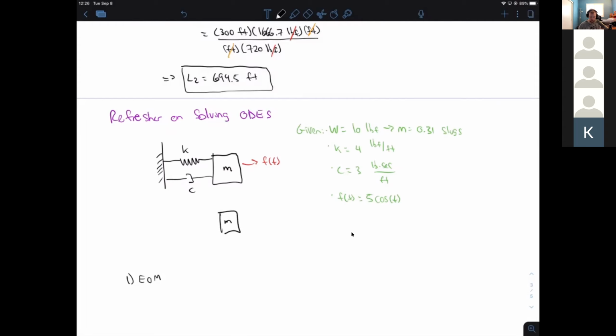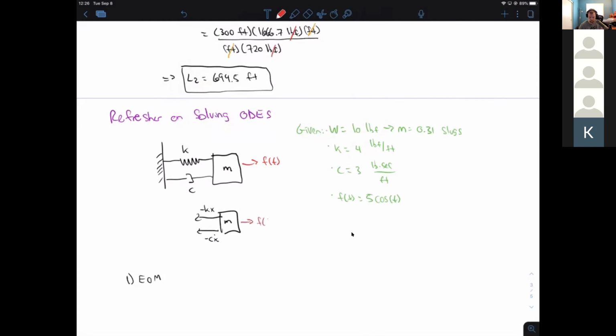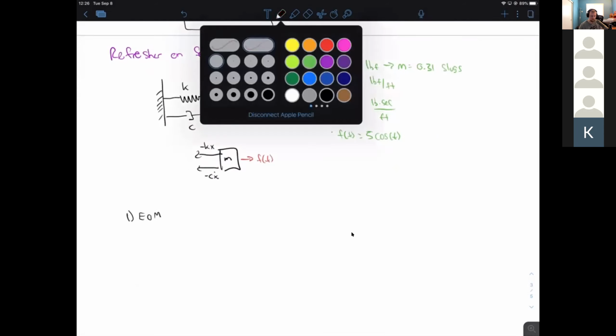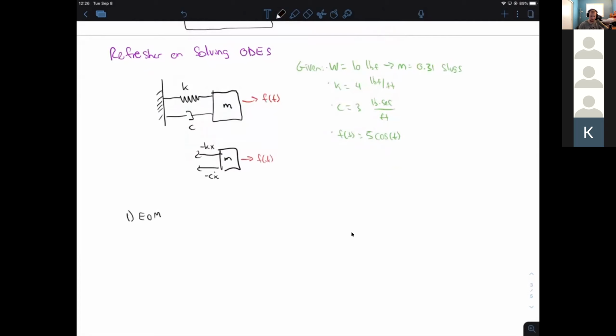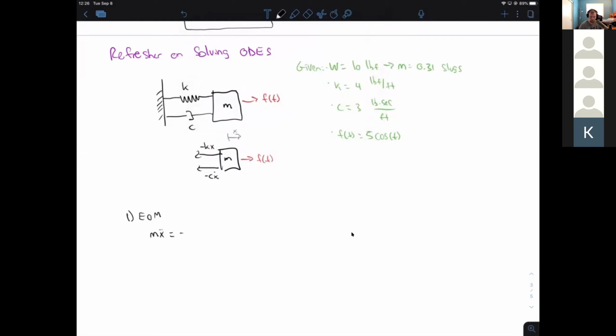We have our mass here, and minus kx going to the left, and minus c x dot also going to the left. Then we have our force F of t going to the right. Let me draw the positive x direction. So m x double dot equals minus c x dot minus k x plus f of t.